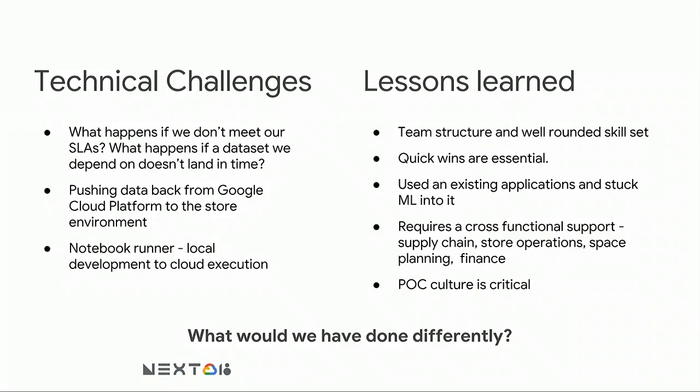So I think I mentioned some of these things already, like the technical challenges that we had while we were deploying this. Obviously, the SLAs were really, really important, right? So I don't think I mentioned this specifically yet. When our inference pipelines are running, those predictions are only valid for a very specific amount of time. So if you think about how dynamic the store is, stuff is changing all the time. There are so many teams working to keep the shelves stocked, right?